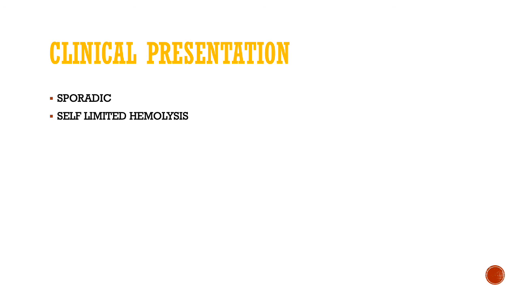Clinically, they can have a sporadic presentation or self-limited hemolysis. Hemolysis is dependent on the amplitude of the oxidant stress. It also depends on the isoenzyme and the gender of the patient. It is more severe in the case of G6PD Mediterranean type.